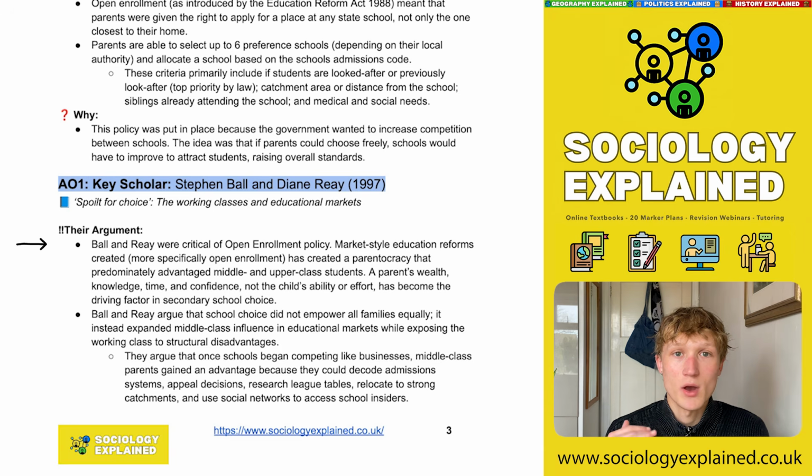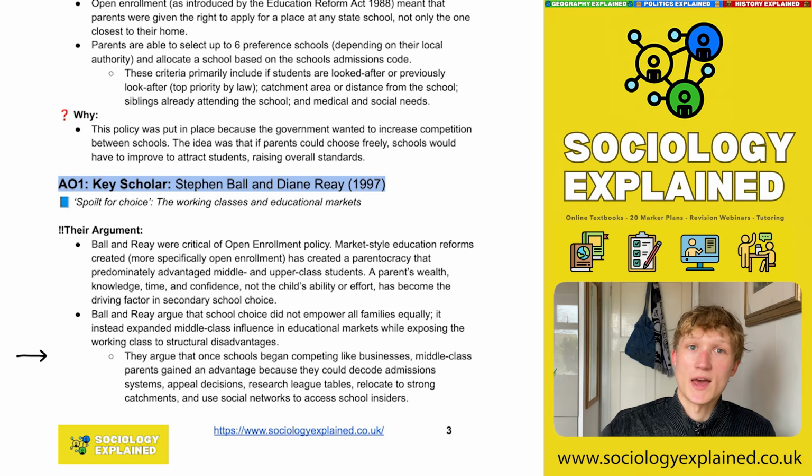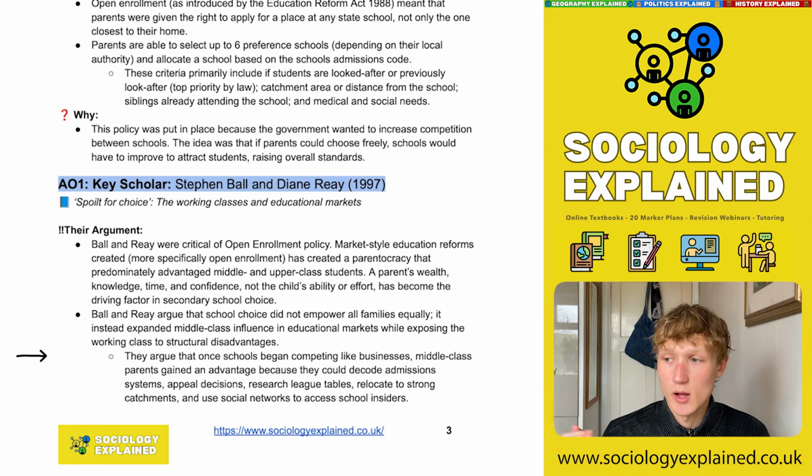They say that parents who have more wealth, time and confidence tend to have more freedom when it comes to choosing schools. Middle-class parents were more easily able to decode admissions procedures and research league tables, and they were also more economically mobile, so they were able to move to areas that have better schools in them more quickly. They were also able to use social networks, so knowing a head teacher, etc., to help get their student in.